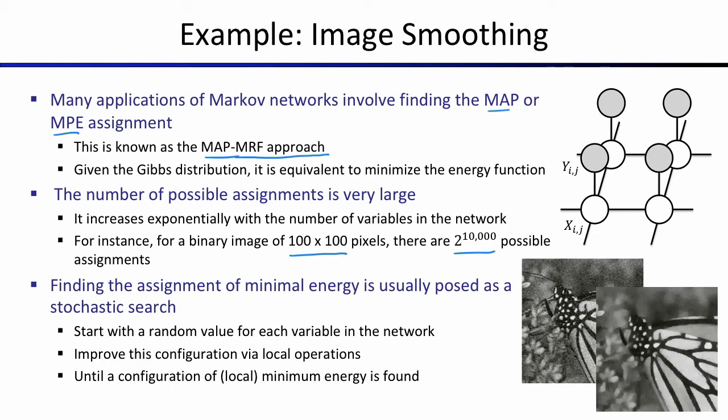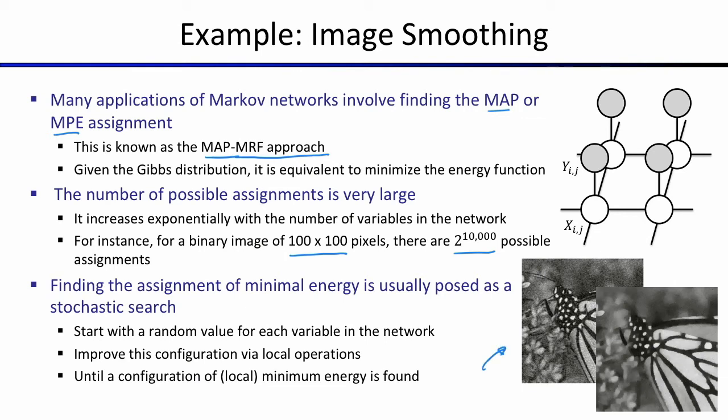We improve the configuration using some local operations until we get into a position of minimal energy. Usually this position of minimal energy is local, so we are not able to find the global one, but sometimes this is a good enough approximation, and that is exactly what we got with this figure here, which we're going to use and implement this code in the tutorials.